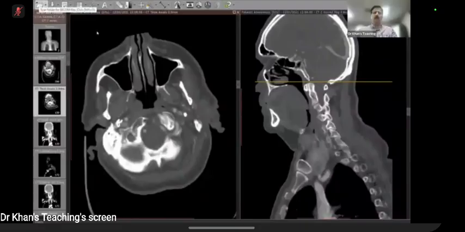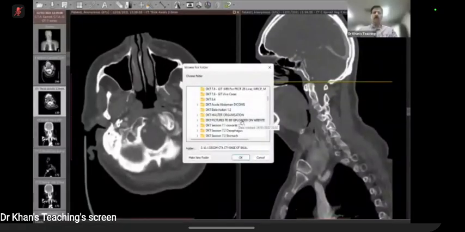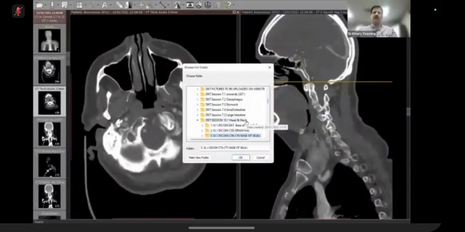Okay, now the final revision on a DICOM, and then we will see a few viva cases.